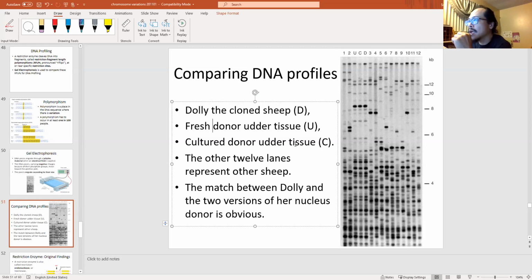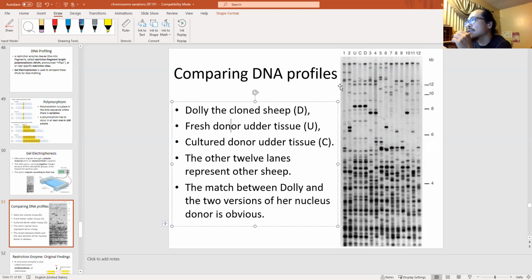U and C: U is from the donor, which donated a cell to produce Dolly, and the donor cells also get cultured, so we have D, U, C. If Dolly is the clone of this donor, then we expect to see their DNA profiles to be identical, and that is what we saw here.